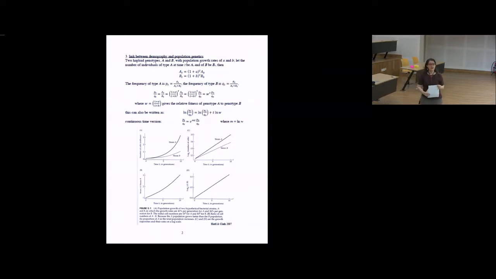So when we define fitness in this particular way, for this very simple haploid model, the fitness W tells us something that we want to know. It tells us how the two types will change in frequency over time. And in this particular case, if W is greater than 1, then A will increase in frequency.